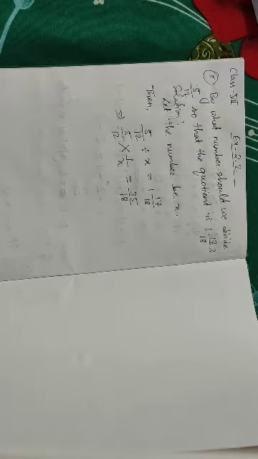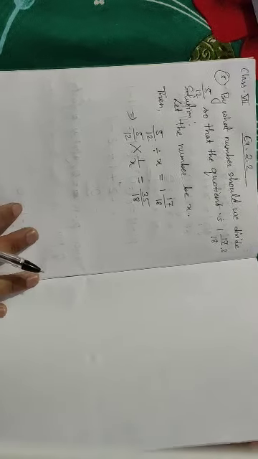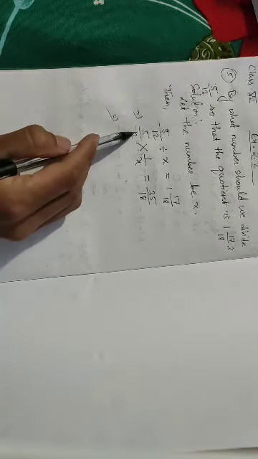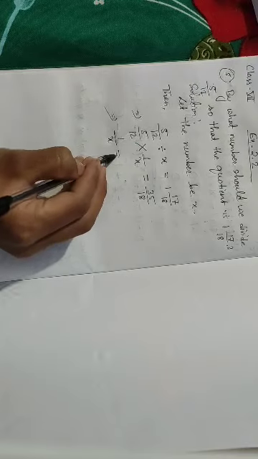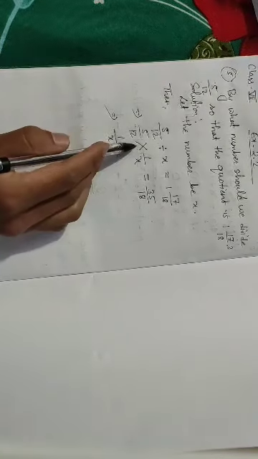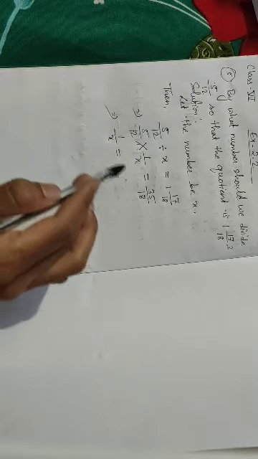So now my task is to find the value of x. How will I find it? First I will take this to the right hand side, which means I will keep only 1 by x on the left hand side. Here it is multiplication, so we have to cross multiply.